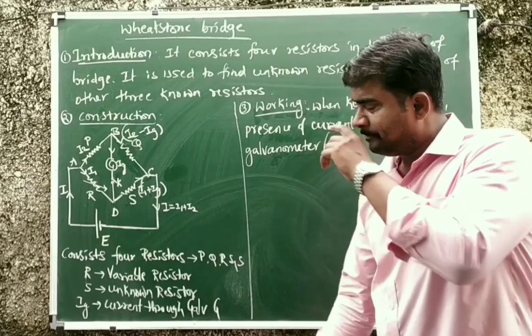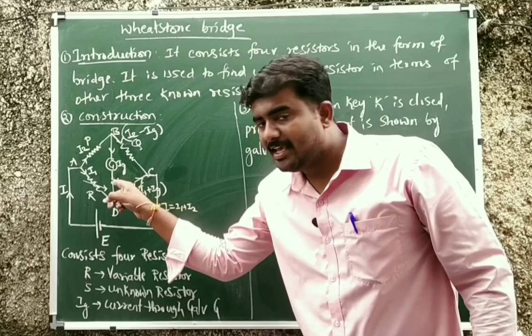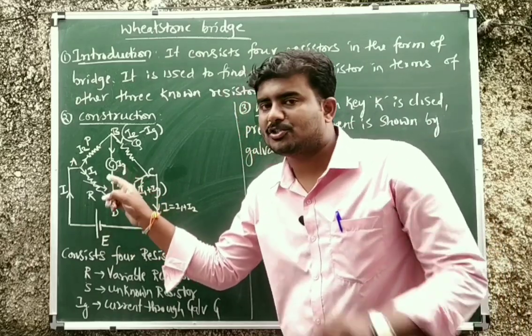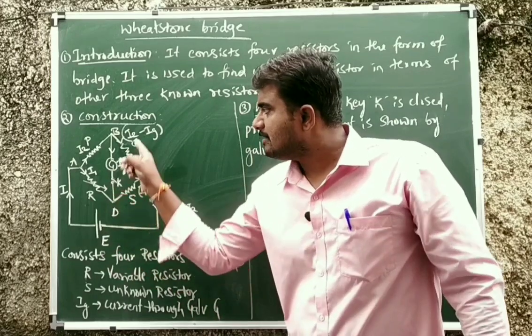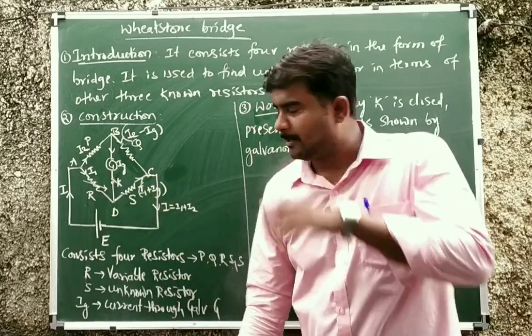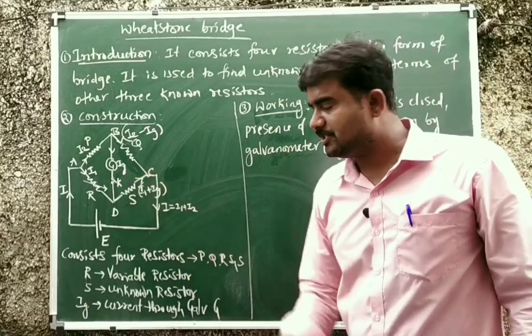The moment you close the key, IG will show a certain deflection. That means the current across the circuit is indicated by the galvanometer. Presence of current, that is IG.